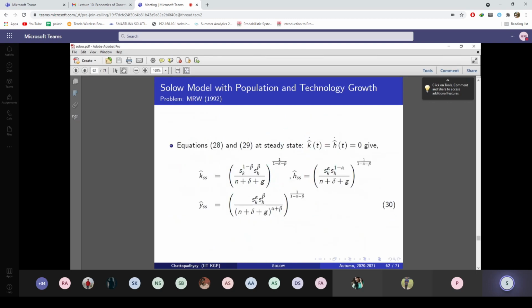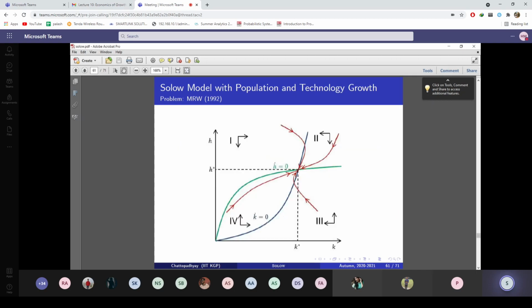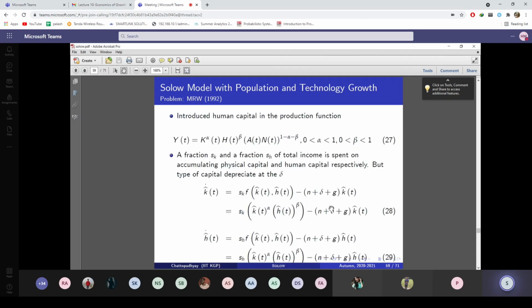You see over here what I get: Kss hat by Yss hat is a constant. Hss hat divided by Yss hat is a constant. That basically means capital K divided by capital Y is constant. Capital H divided by capital Y is constant. So I am done. Then the rate of growth will be simply small g plus small n.